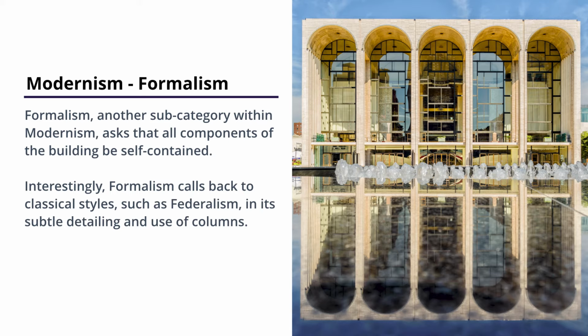We're looking back to columns, but we're not looking to make these columns elaborate. We're looking back to simple roof lines, but we're stopping there. We're not adding triangles or entablatures to the roof lines. We're keeping everything as straightforward as we possibly could.